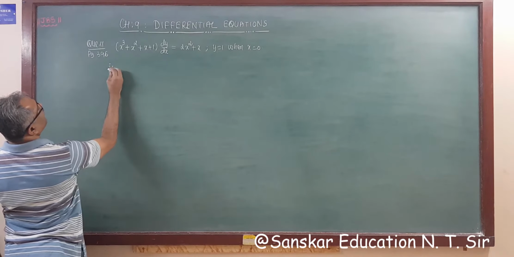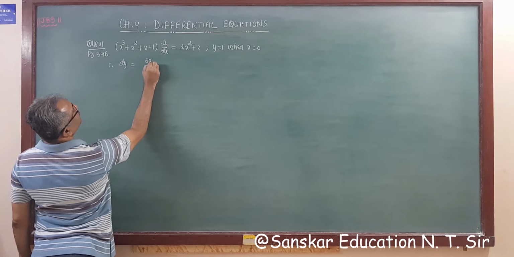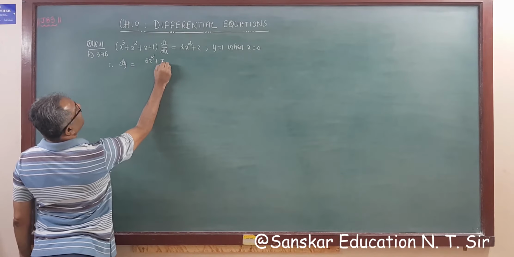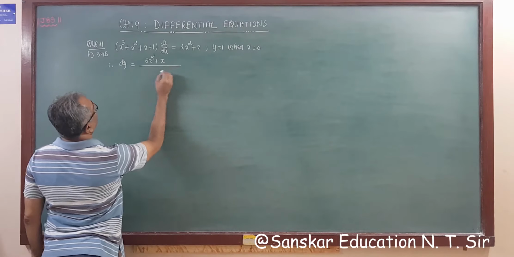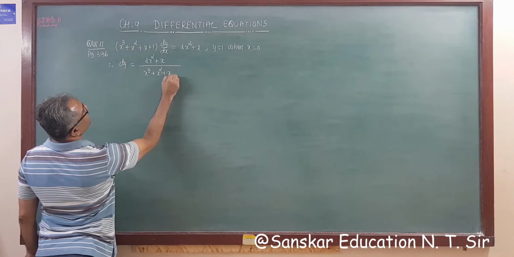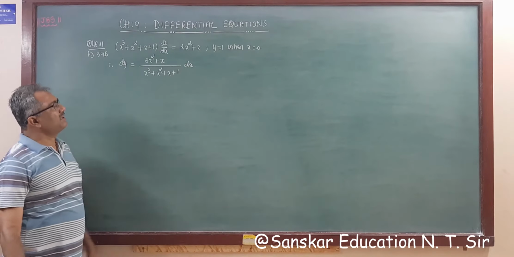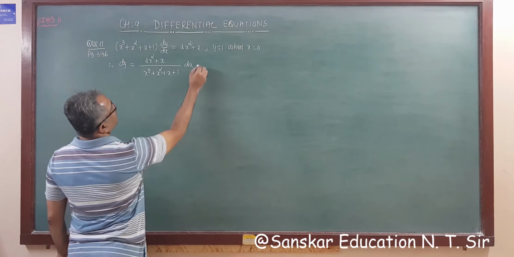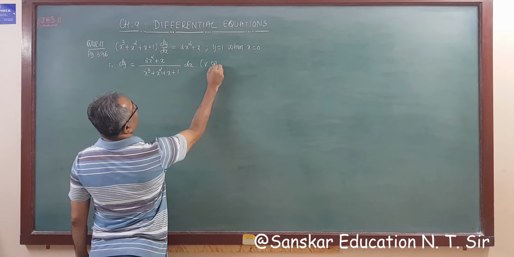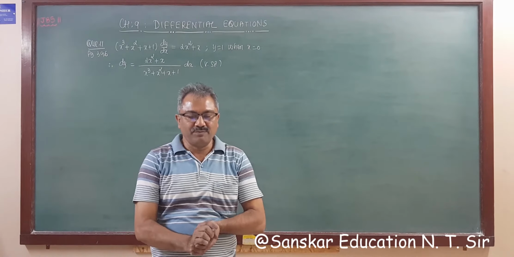If we write, then dy is equal to 2x square plus x, whole upon x cube plus x square plus x plus 1 dx. So this is a variable separable form.